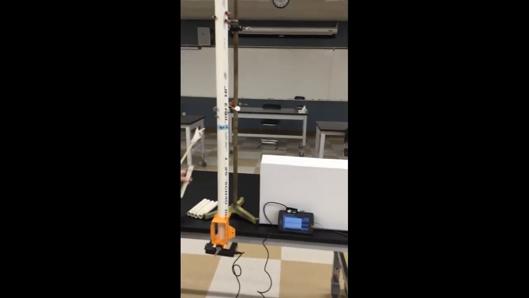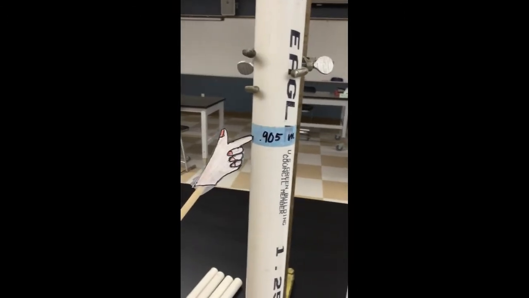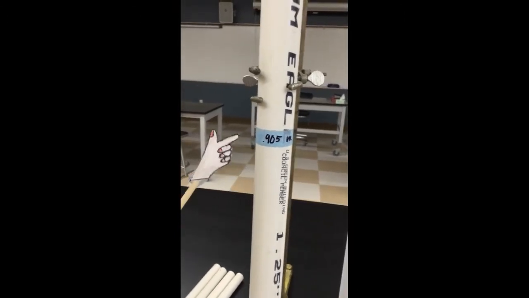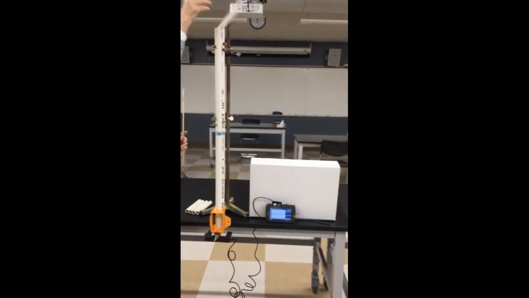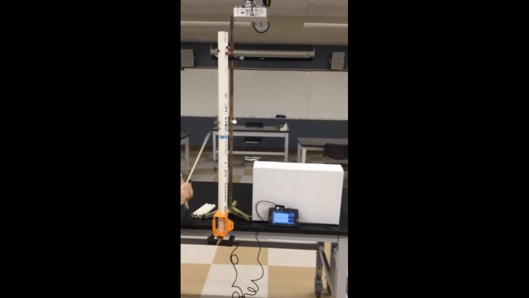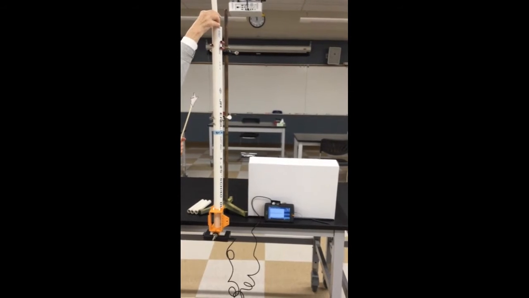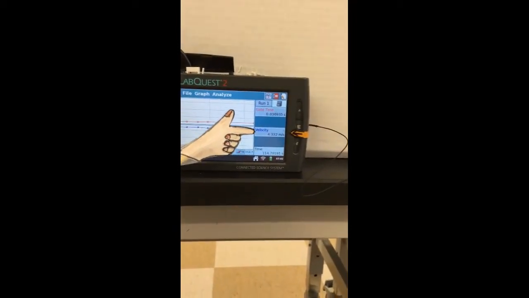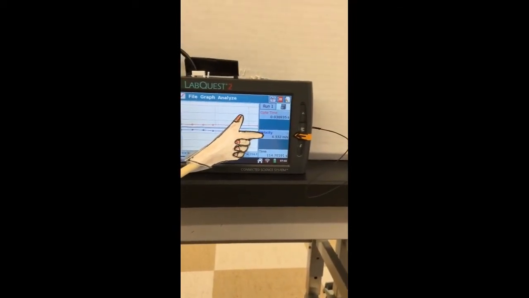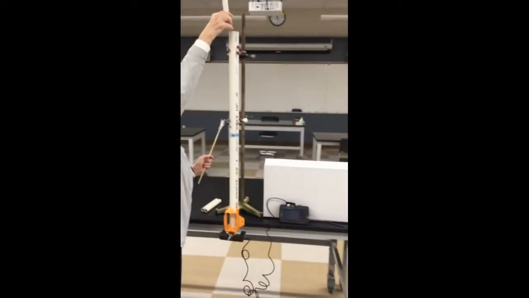Tube number 5. Its length is 0.905 meters. Run number 1. The velocity is 4.332. Run number 2.